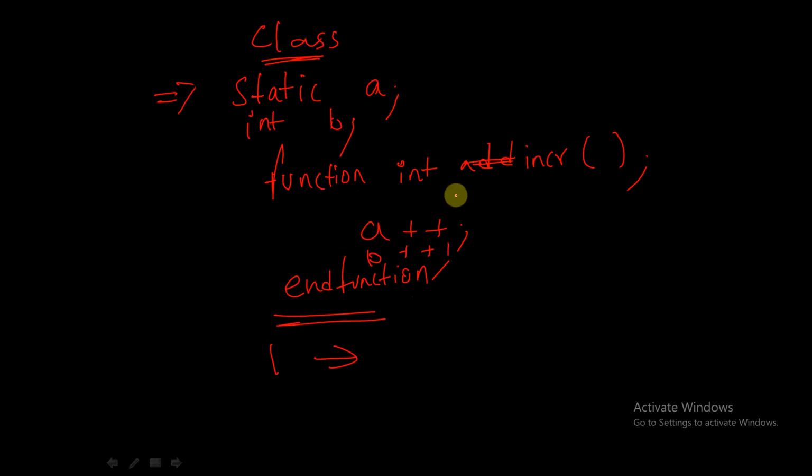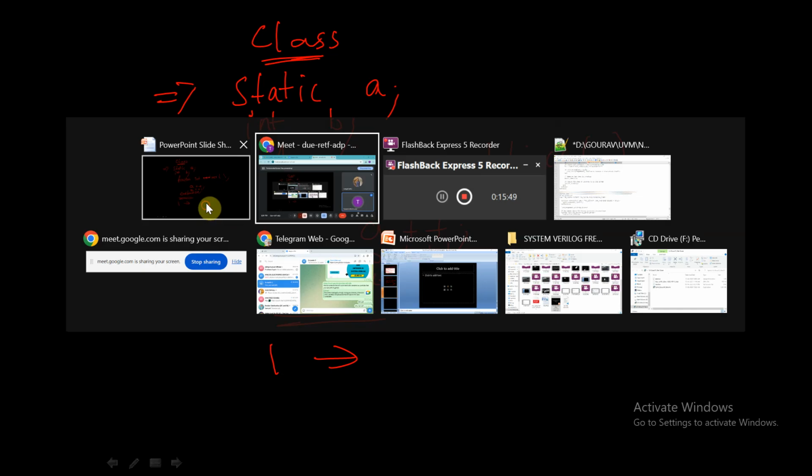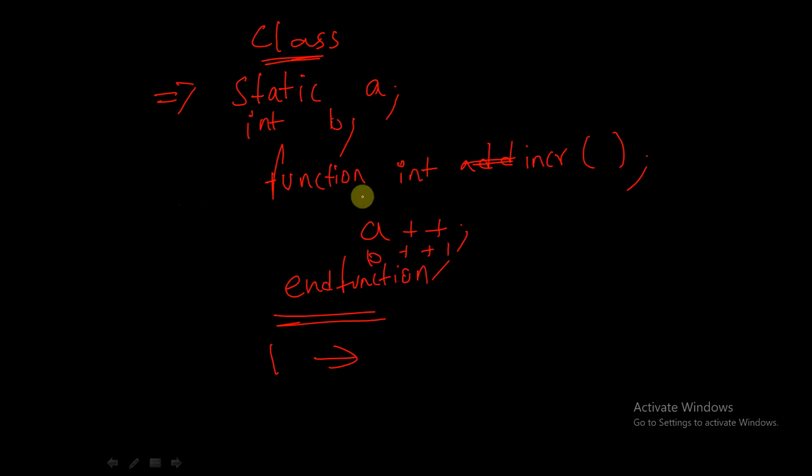If we call this function incr, what will be the value of a and b? It is static int a, int b, so the initial value of a will be 0. After the call, a will be equal to 1 and b will be equal to 1.